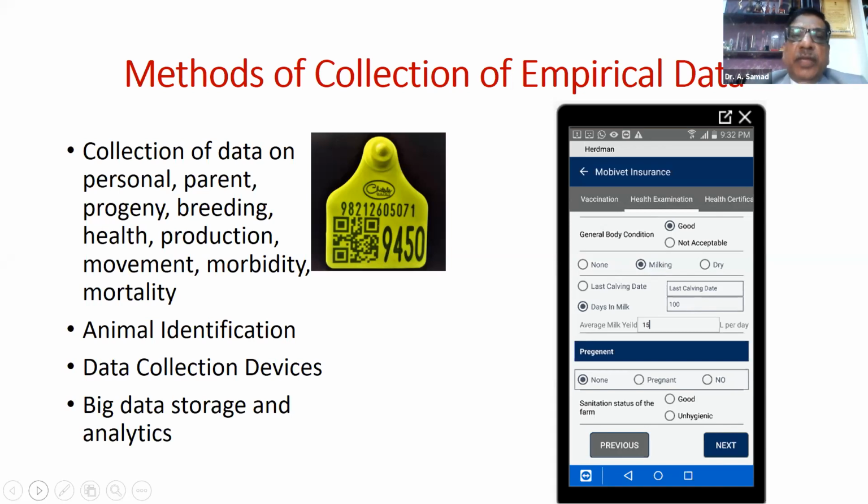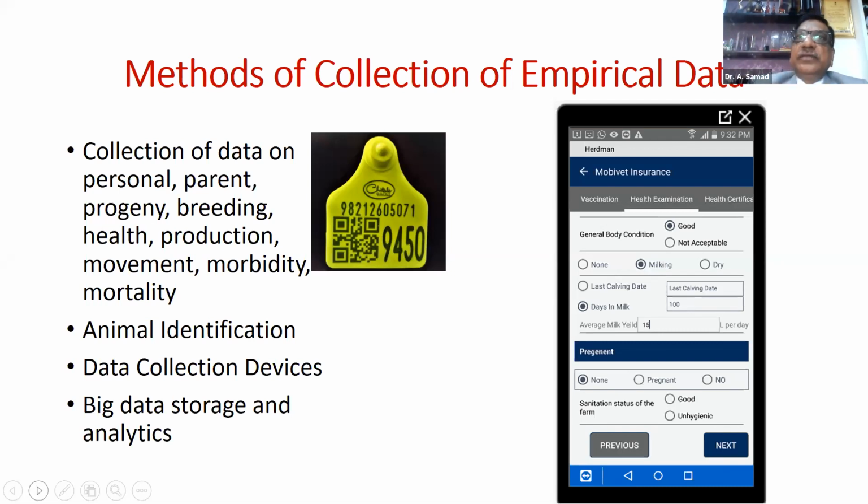This is from my own app, the animal identification system which we have developed to increase the fidelity of the data. Here there is a QR code, and anybody who is entering AI data, milk data, or any other data has to scan this and then enter the data and transfer it electronically to the server.